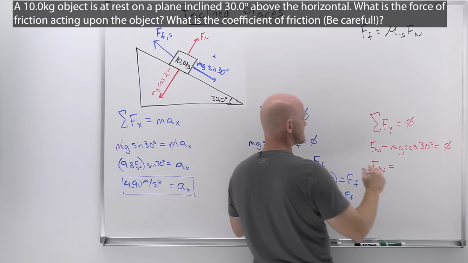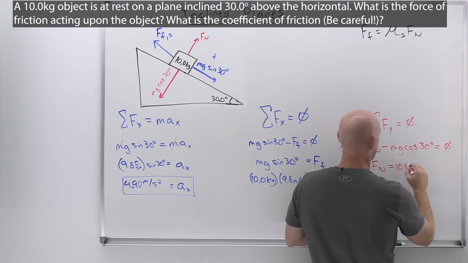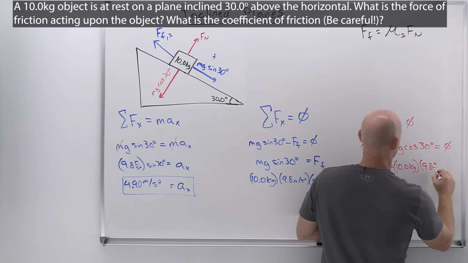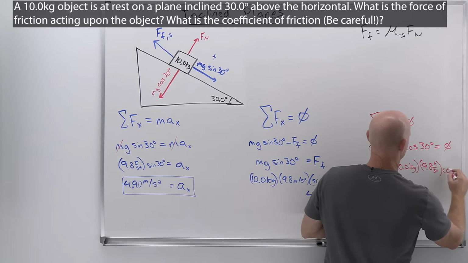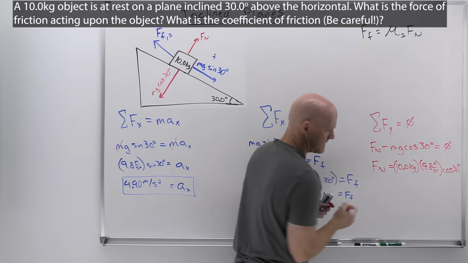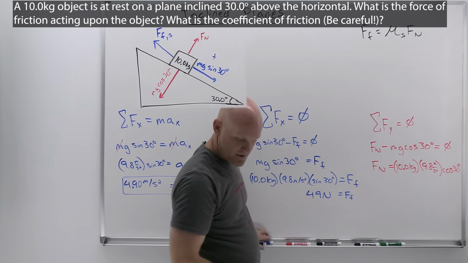So here the normal force is going to equal mg cosine 30, which again is 10.0 kilograms times 9.8 meters per second squared times cosine of 30 degrees. And we'll let the calculator help us out on this one.